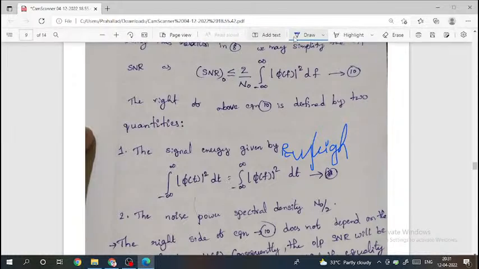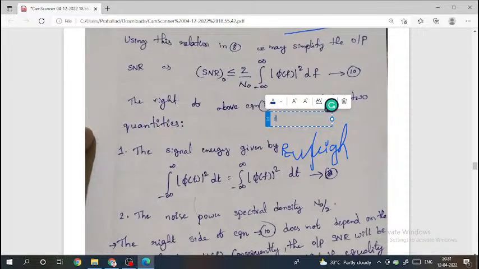Rayleigh's energy theorem. This is from the Rayleigh's energy theorem. This expression is equal to this expression.